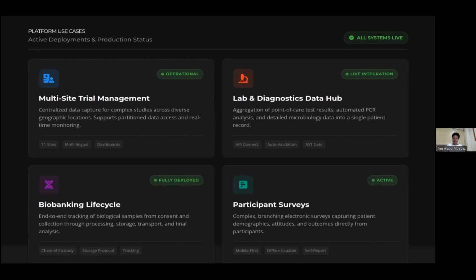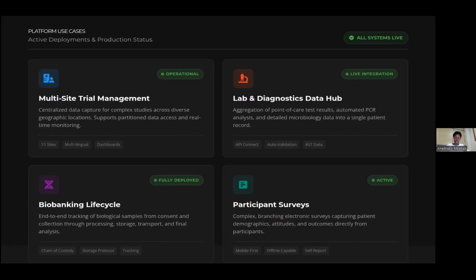And then we also do lab and diagnostic data, which is an aggregation of the point of care test results, the automated PCR analysis, and the microbiology data into a patient record. So it's an aggregation of 3 different tools that all add up together to create the patient record.